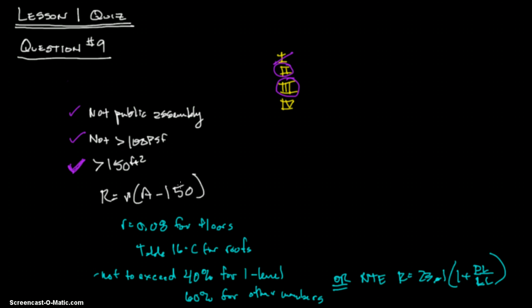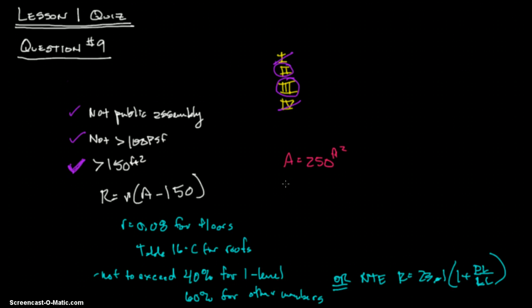I know off the top of my head that that's not going to be correct, but let's go ahead and work out the actual answer. It's saying A equals 250 square feet, and the allowable live load reduction is 40%.